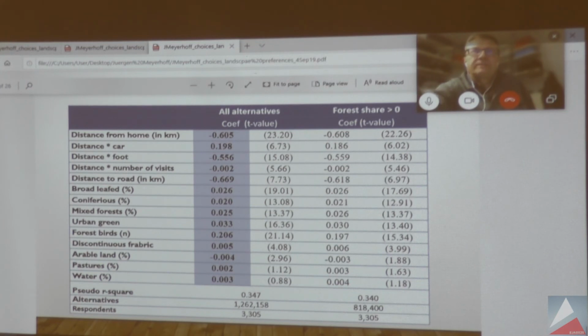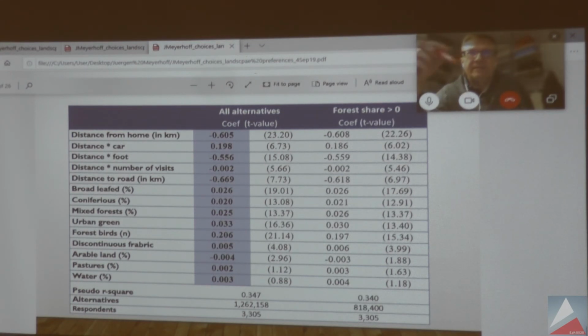It has a negative sign and a very high t-value. This indicates that the further away forests or cells we created are from people's place of residence, the less likely it is that people will go to that place.